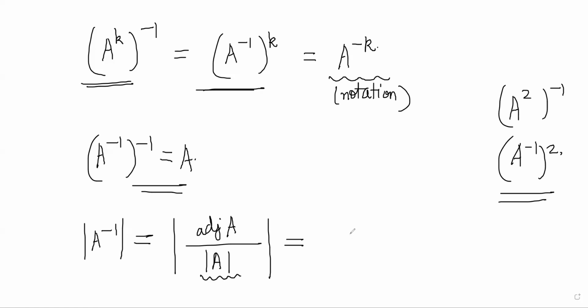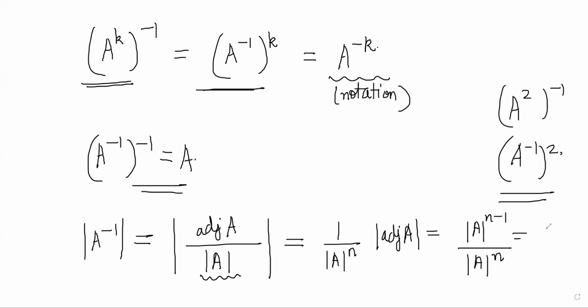We know that the adjoint of A is basically 1 by det of adjoint of A to the power n into det of adjoint of A. So it'll be det A to the power n minus 1 times that, divided by det A to the power n. This becomes 1 by det of A. Or you can prove it by taking det on both sides for A into A inverse equals identity.